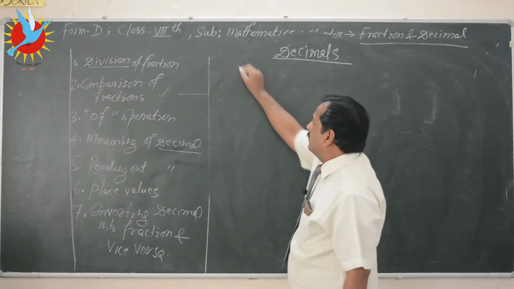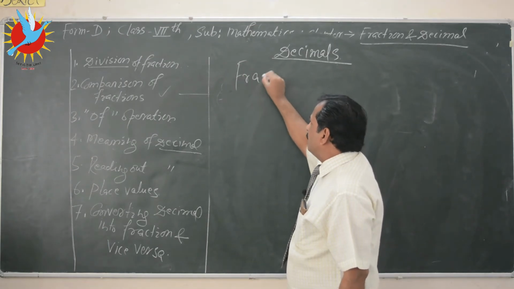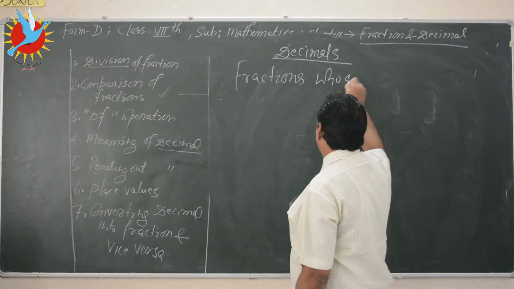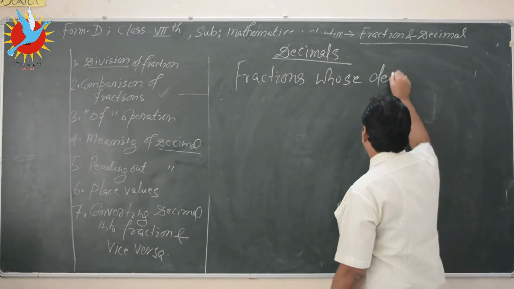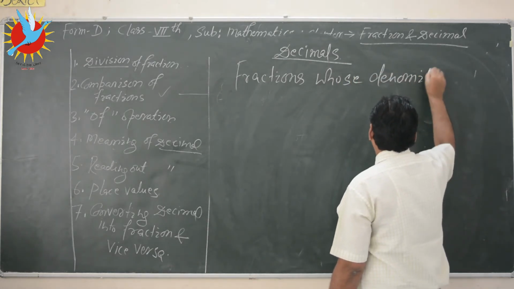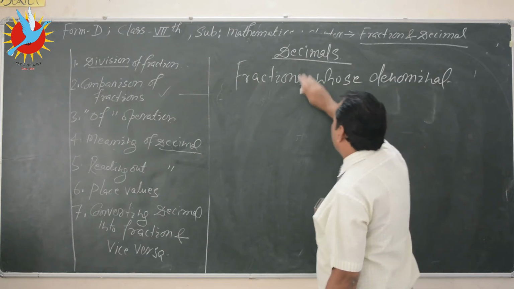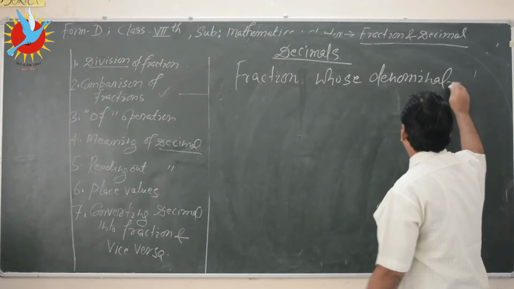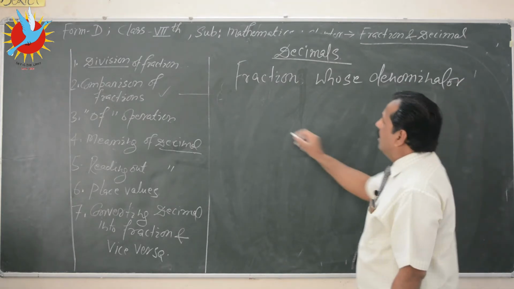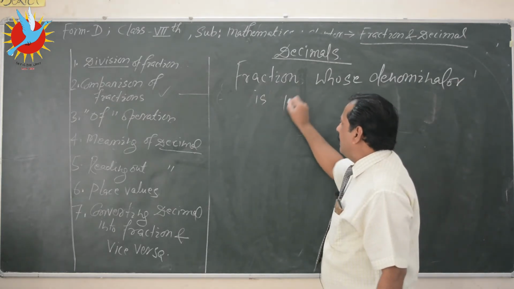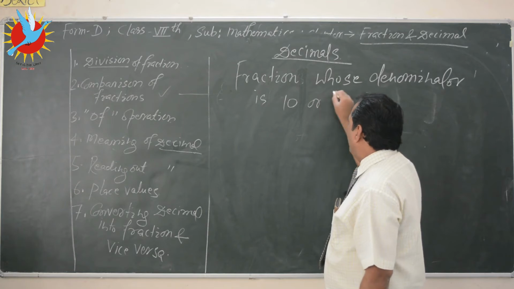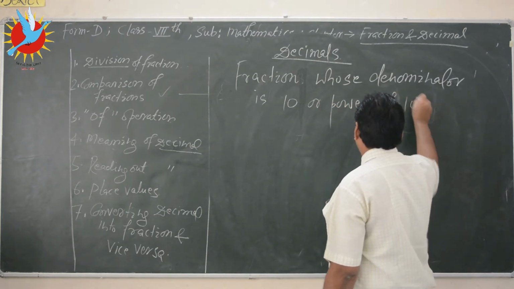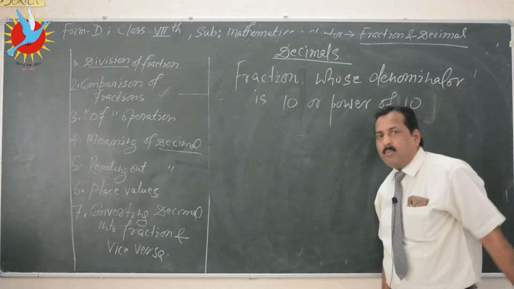Decimals are nothing but fractions whose denominators are 10 or power of 10. A decimal is a fraction whose denominator is 10 or power of 10.